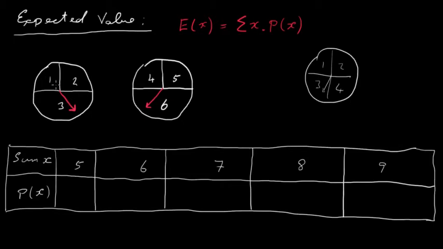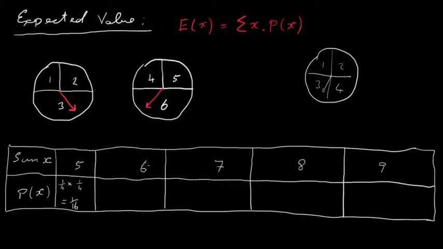There's no other way. The probability of this arrow landing on a 1 is a quarter, and this one landing on a 4 is also a quarter because it's a quarter of a circle. So our probability here is simply 1 over 16. This is our probability of getting a 5.